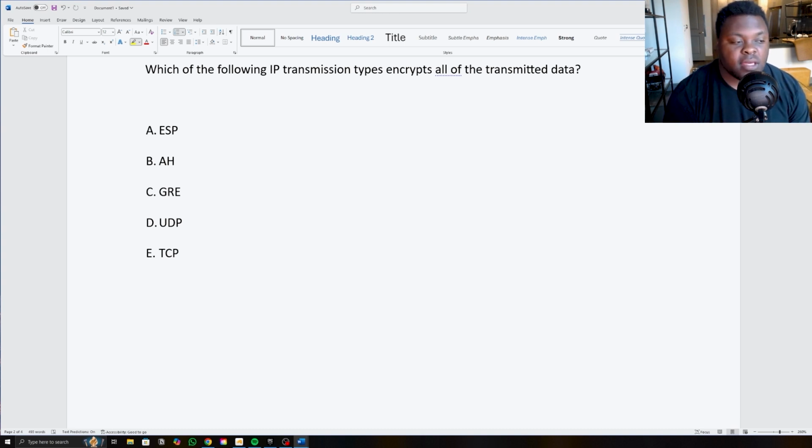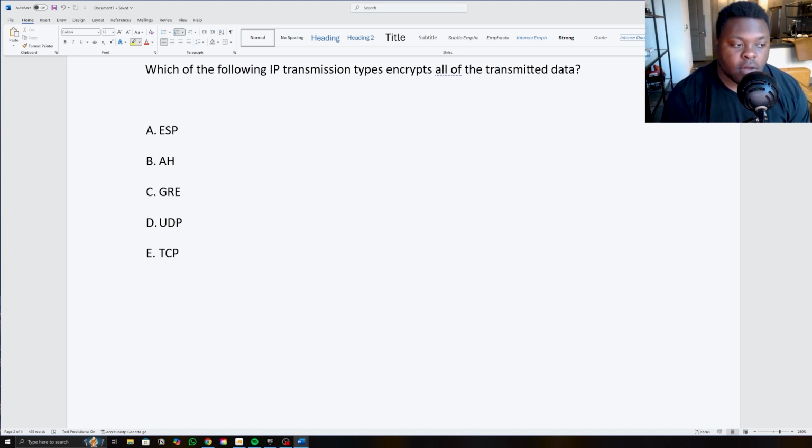Answer choice C is GRE, or generic routing encapsulation. This is a tunneling protocol. It has no encryption whatsoever. Answer choice D, or user datagram protocol. This does have encryption, but only with the use of TLS and SSL, I believe.